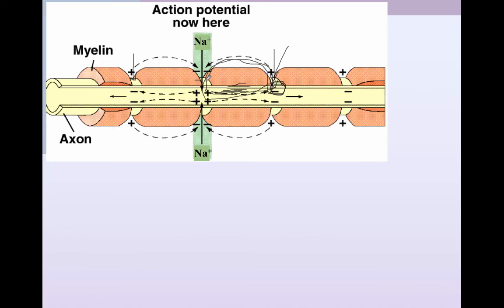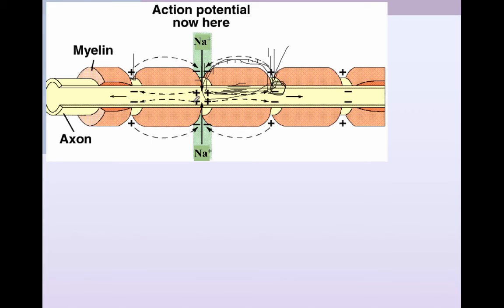And that means rather than requiring an action potential here and then 2, 3, 4, 5, 6, 7, 8, 9, 10, 11 to get from node to node, we only need 2, one here and one here. And so the action potentials will move along far faster.